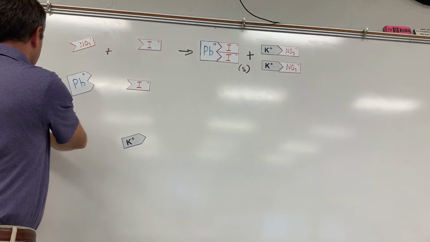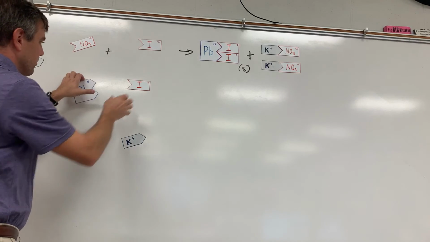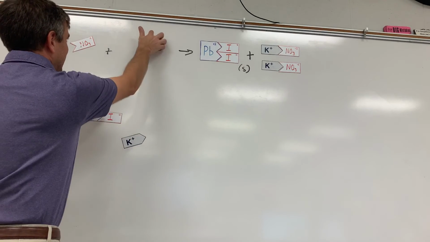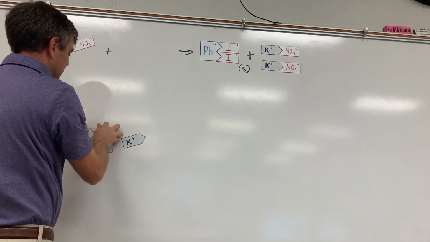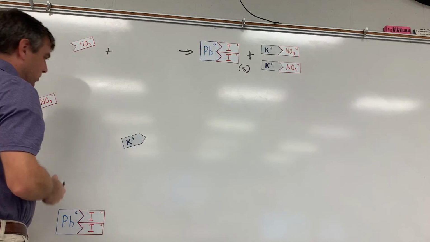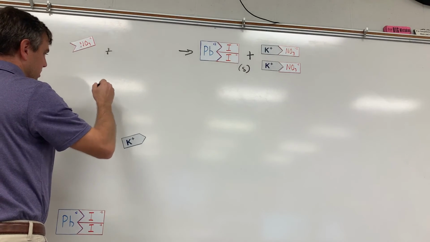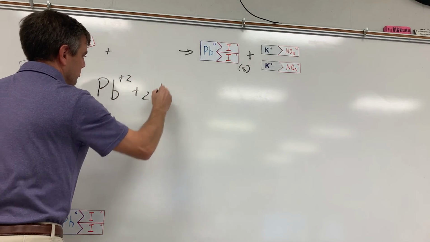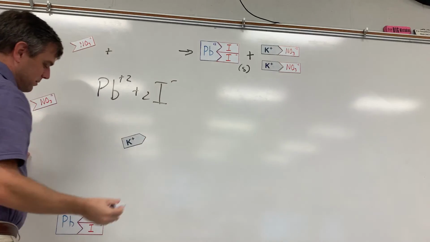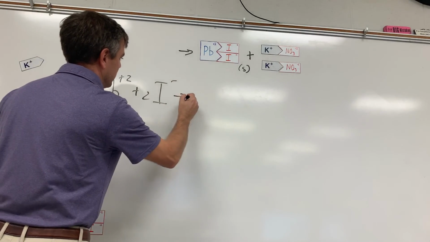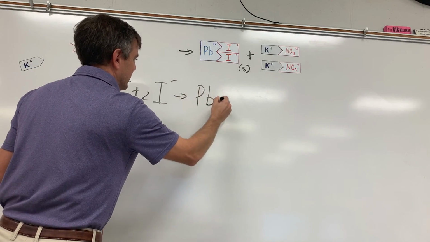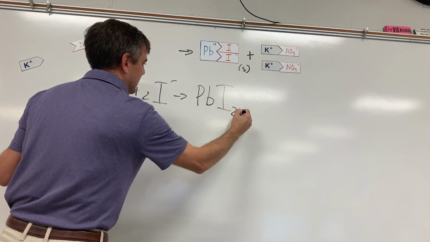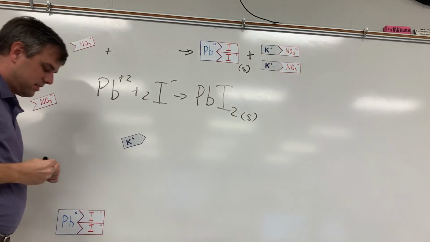The potassiums and nitrates form something that's always soluble, but when the lead and the iodides combine, they precipitate out. So our net ionic equation says that lead with a +2 charge reacts with 2 iodides with a -1 charge to form solid lead 2 iodide.